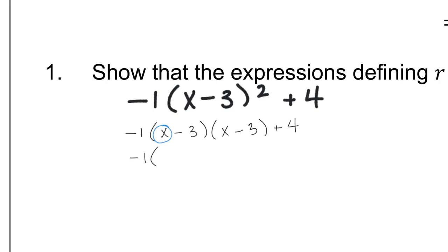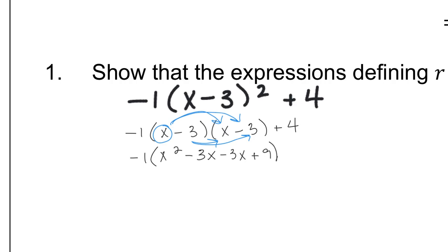But we can take x times x. That gives us x squared. X times negative 3 gives us negative 3x. Negative 3 times x is negative 3x. Negative 3 times negative 3 is positive 9.